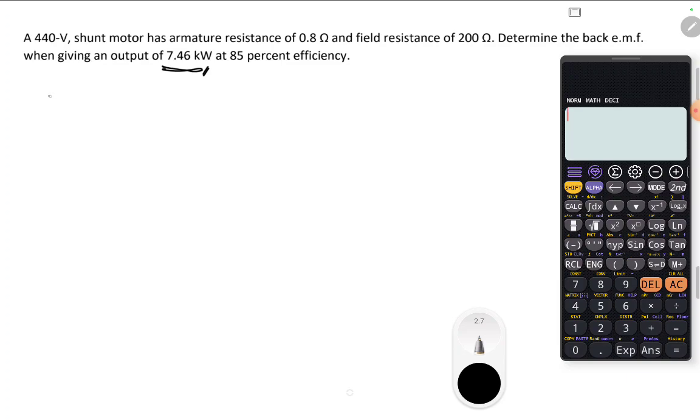So therefore, if you would draw the power diagram, this is our P input, which is equal to V input multiplied by I input.